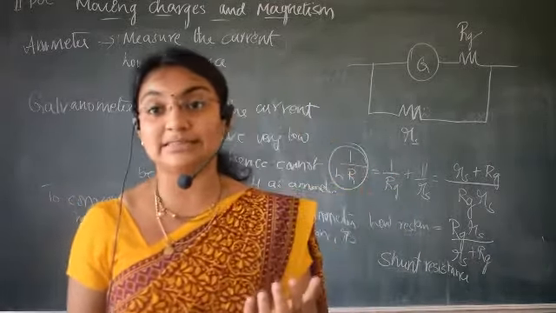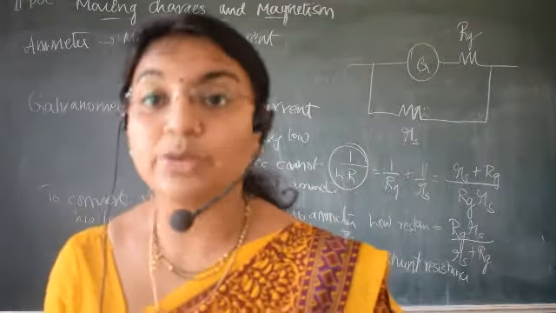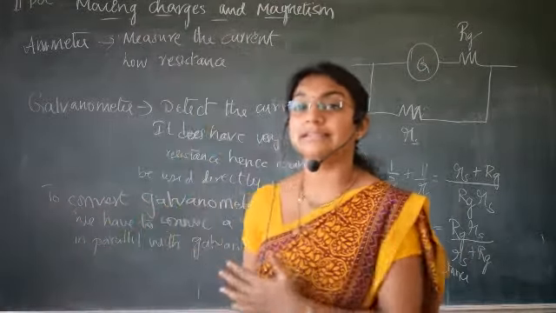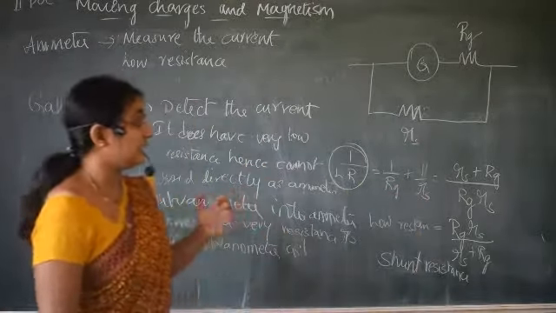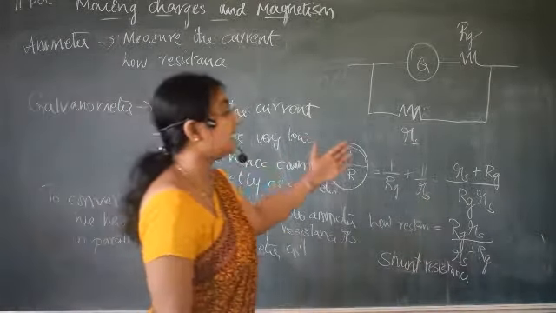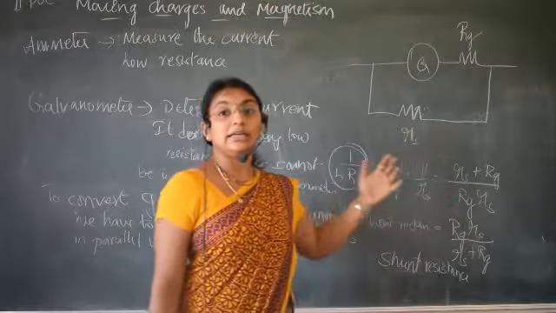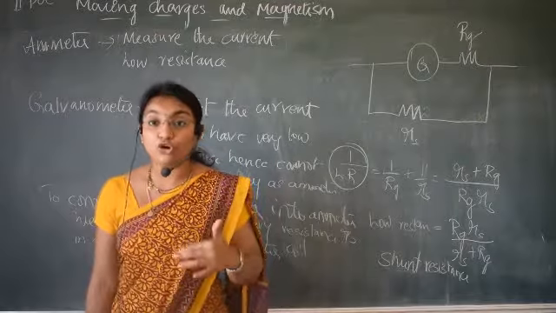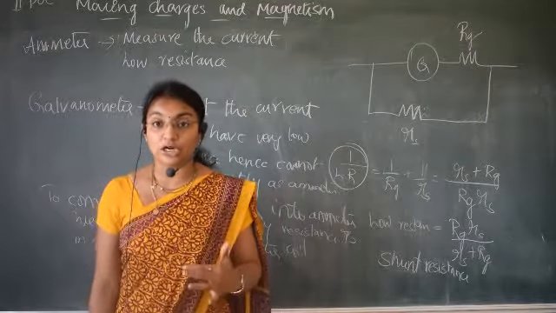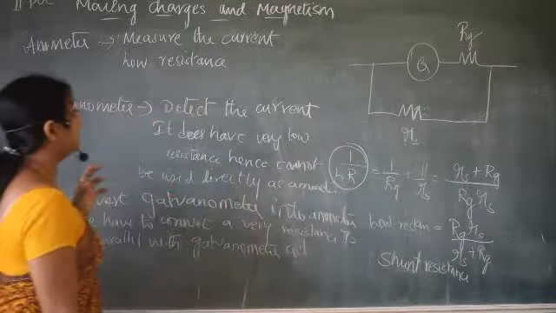After making its resistance very, very low, we can work with the galvanometer as an ammeter. So now, after connecting a low resistance in parallel with the galvanometer, the resistance of the galvanometer has become very, very low. Therefore, now the galvanometer is converted into an ammeter.